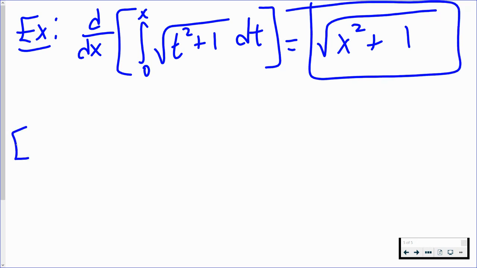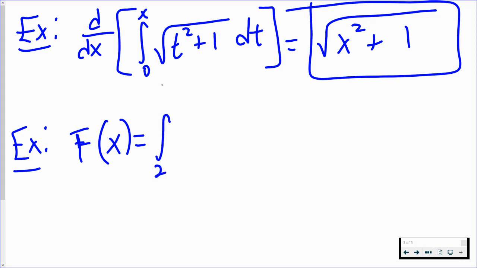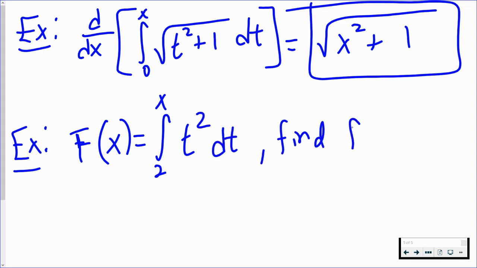Another way I've seen these worded before, sometimes they'll tell you, and they usually use a capital F, if f of x equals, let's say, something pretty simple. Maybe it's the integral from 2 to x of t squared dt.